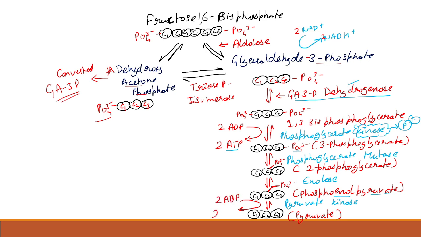So ADP would be converting into 2 ATP. And because this whole process is occurring 2 times, there will be 2 of glyceraldehyde 3 phosphate, 2 of 1,3 bisphosphoglycerate, 2 of 2-phosphoglycerate and 2 pyruvate. So in the end we will get 2 pyruvate molecules from this whole process.